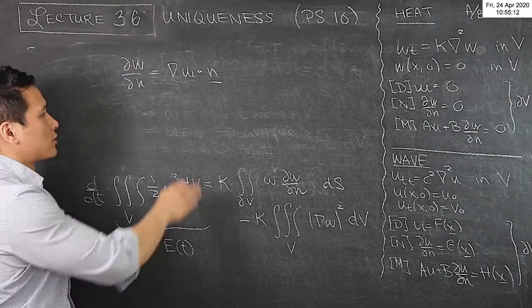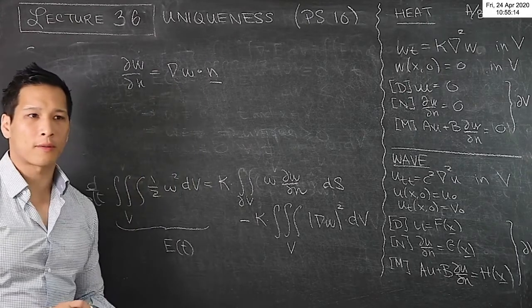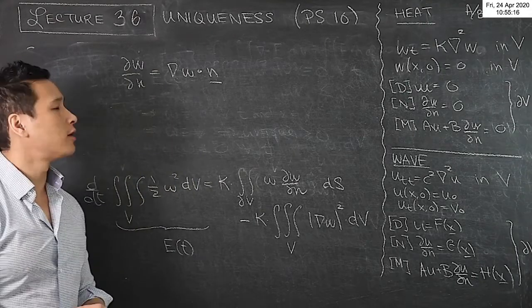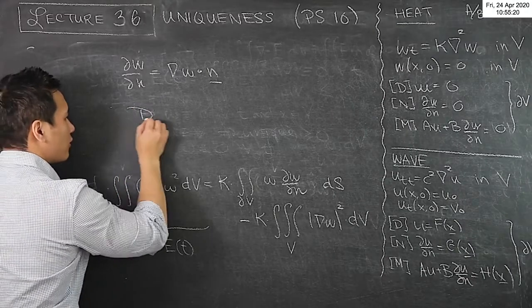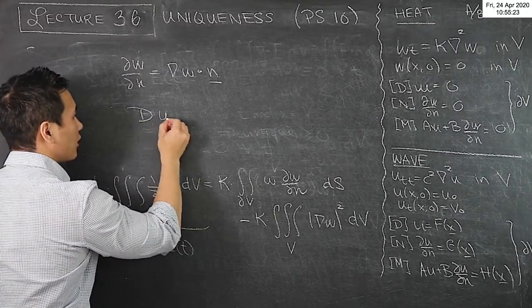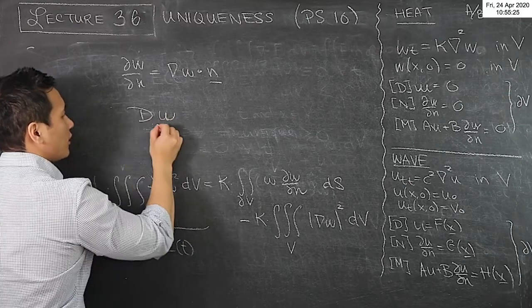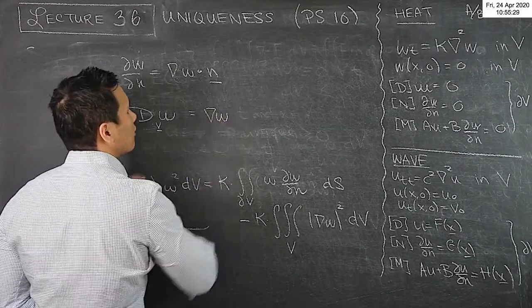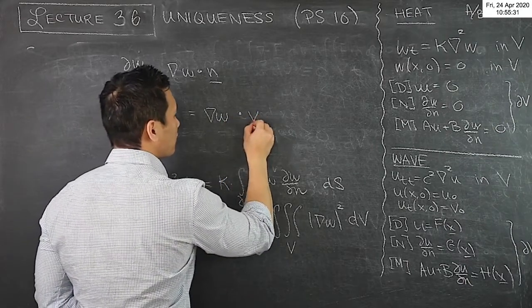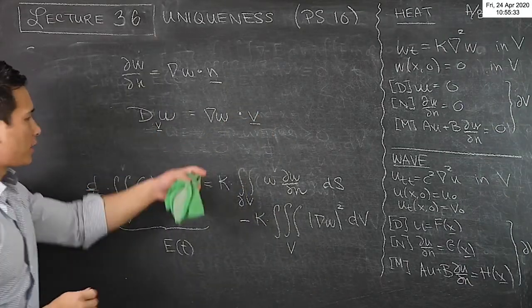If you go to the initial vector calculus review, it would have confirmed for you that the derivative of a function u, or w here, in the direction of a vector v is equal to grad w dot v, where v here is the unit normal.